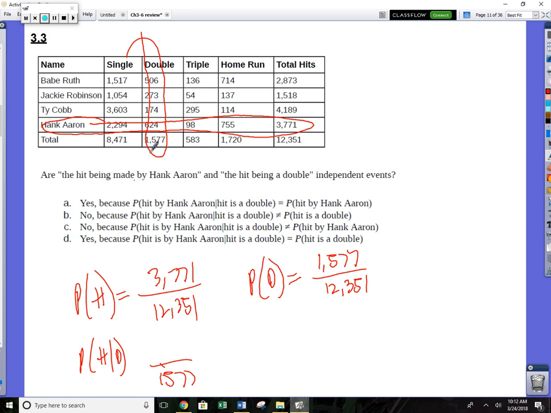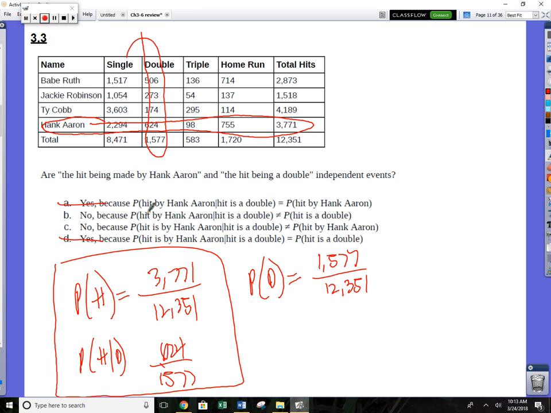So the chances of those 1577 that it came from Hank is 624. So is the chance of Hank the same thing as the chance of Hank given that it's a double? And that is no. If you punch them in a calculator, they will not reduce to the same thing. So that is a no. So it's not a yes, it's a no.